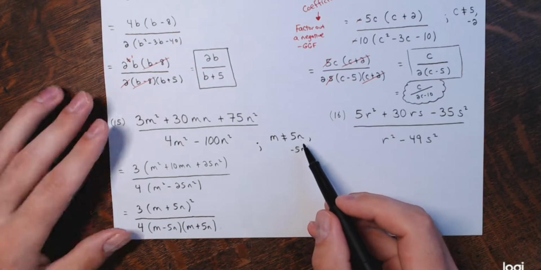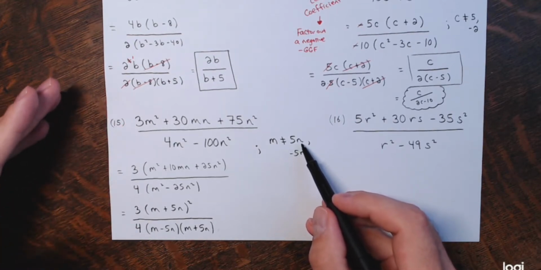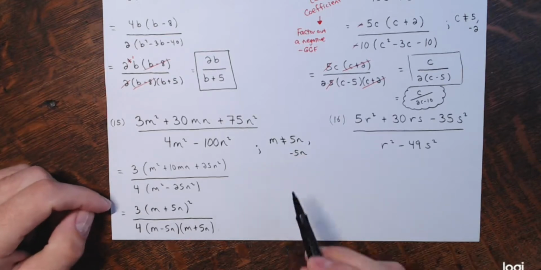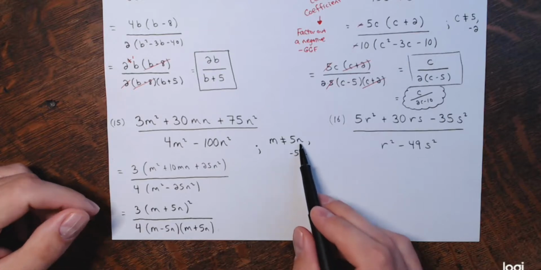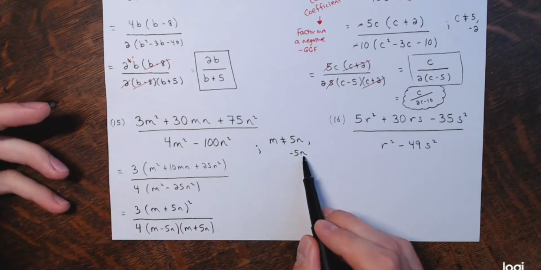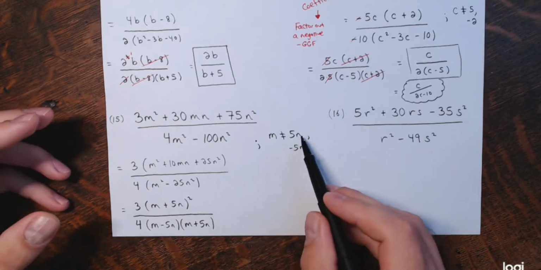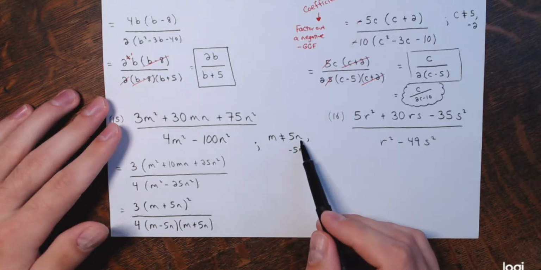So m can't be equal to 5n or negative 5n. I'll show you an example: if I replace n with 1, I can't replace m with 5, because that's 5 times 1. If I replace n with 2, I can't replace m with negative 10, because that's negative 5 times 2. This gives me the relationship I can't use between m and n.